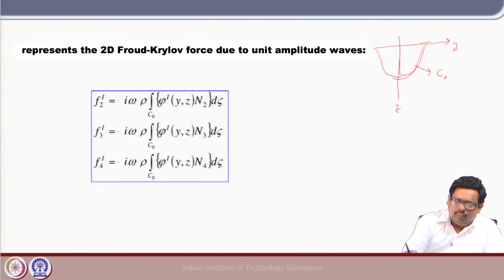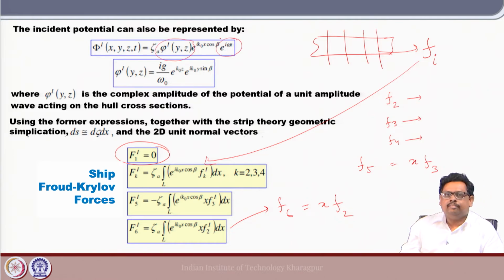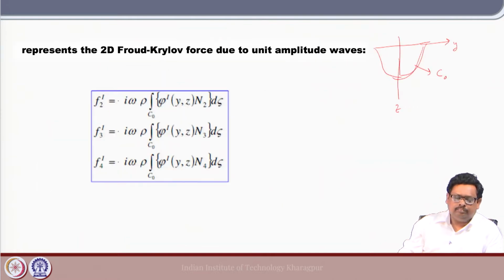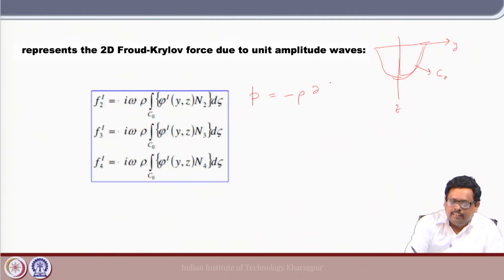And then also we know, if I look at the previous thing, that it is harmonic, psi is harmonic multiplied with e to the power i omega t. Now, if I do that, the pressure is nothing but minus rho into del phi i del t.